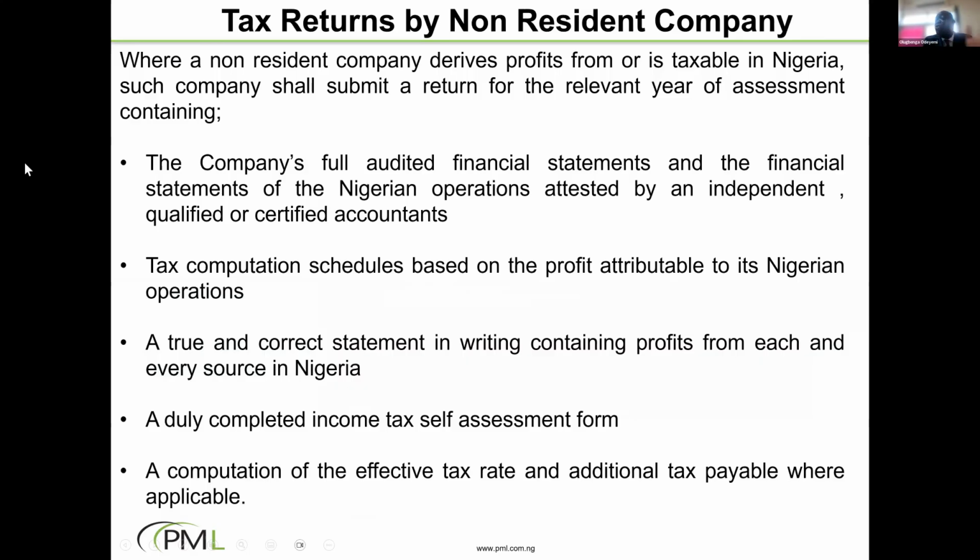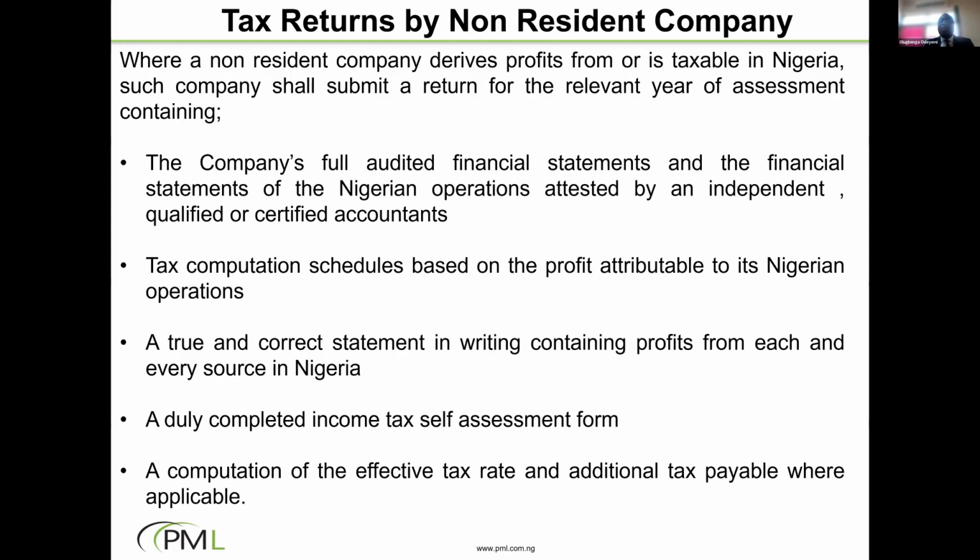And at that time, they were not required by law to have a tax identification number. But now, this new law requires that a non-resident company that earns revenue from this country must have a tax identification number.